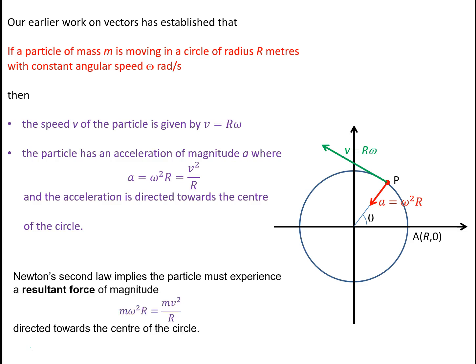Now, Newton's second law therefore implies that the particle must have a resultant force of magnitude m omega squared r, or mv squared over r, directed towards the centre of the circle.